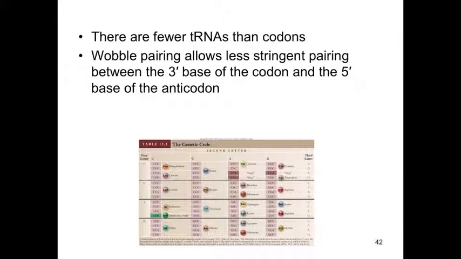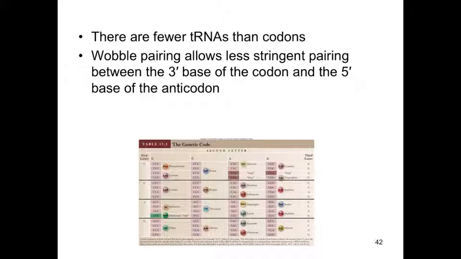Now, there are fewer tRNAs than there are codons. That is because one amino acid may be coded for by several different codons, and we only need one tRNA for each amino acid. Because of this, we'll see some wobble pairing.